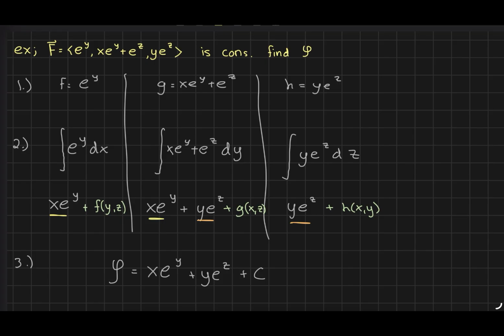It's going to be picked up in the integration of our f, g, and h component, respectively. So that's essentially what the constant of integration is, if we're asking that. It gets picked up in the other integrands.